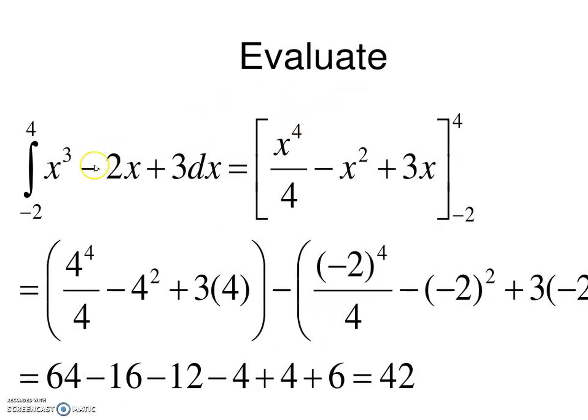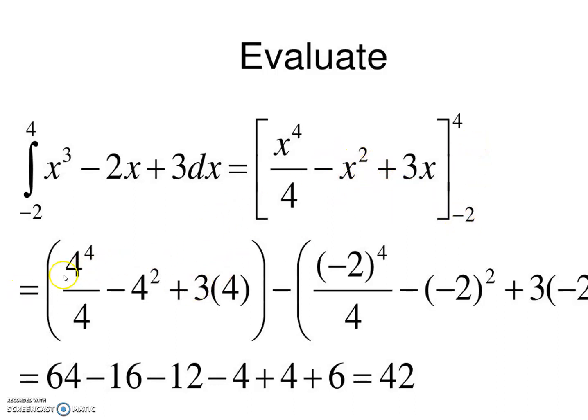Now evaluate again an algebraic function. Integral from minus 2 to 4 of x raised to 3 minus 2x plus 3 dx is equal to x raised to 4 upon 4 minus x square plus 3x, lower limit minus 2, upper limit is 4.